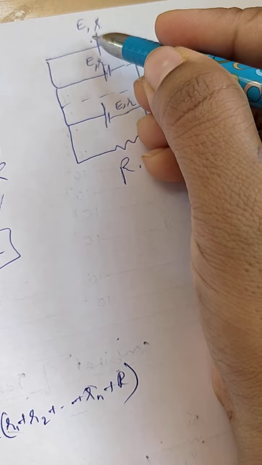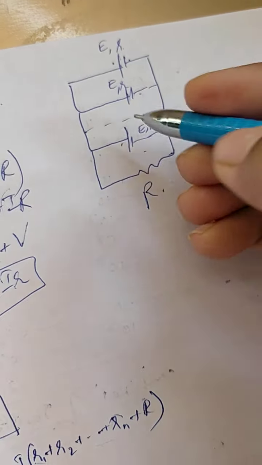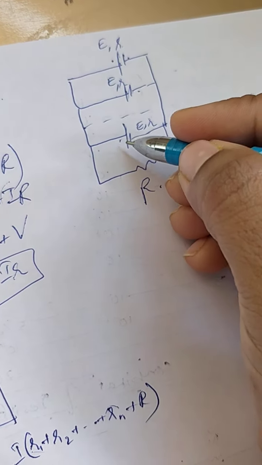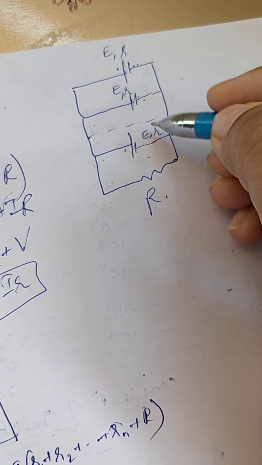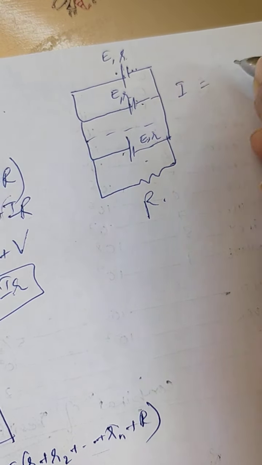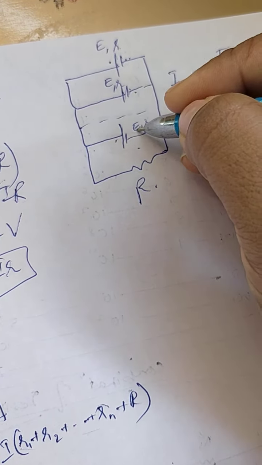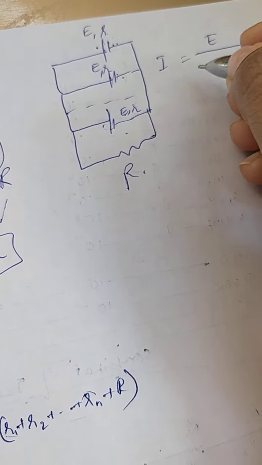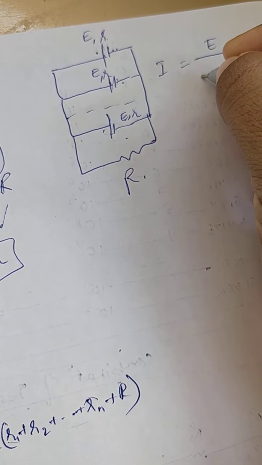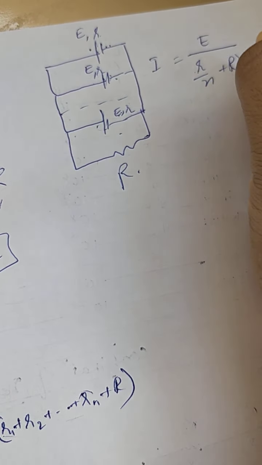Each one has the same potential difference, so the same potential difference will be across R also. Because the potential difference is the same, but the resistors are in parallel, what you will get is I is equal to E upon the total resistance. These are all in parallel, and that combination is in series with this. So it will become r by n plus R.